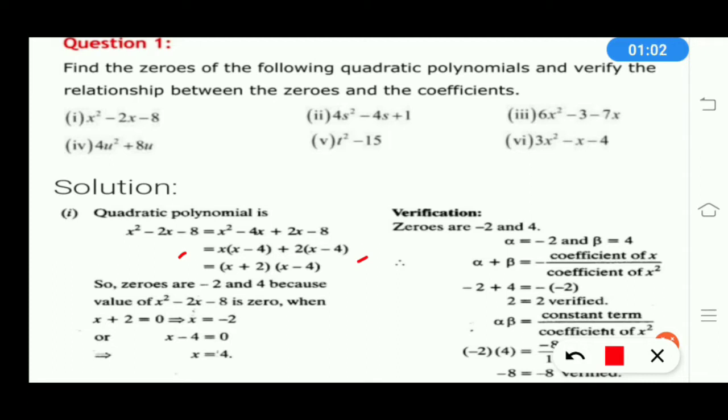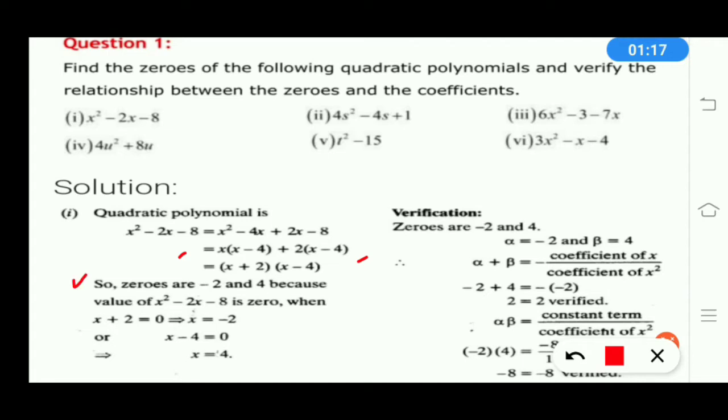So the given polynomial x² − 2x − 8 becomes 0 when either x + 2 = 0 or x − 4 = 0. That implies x = −2 or x = 4.